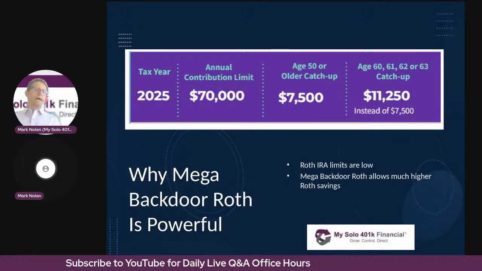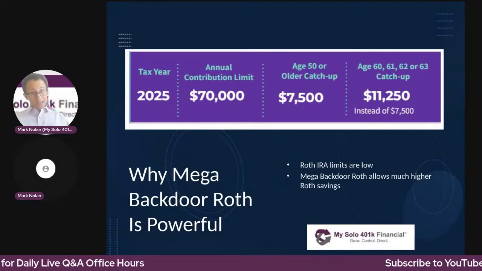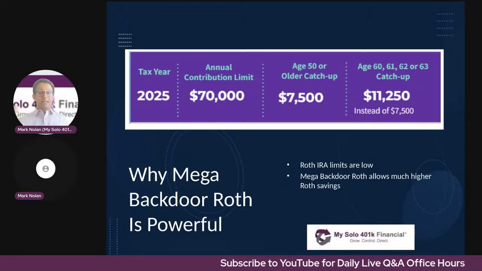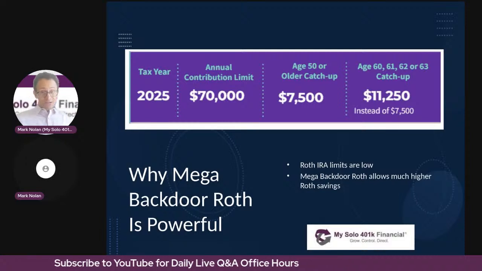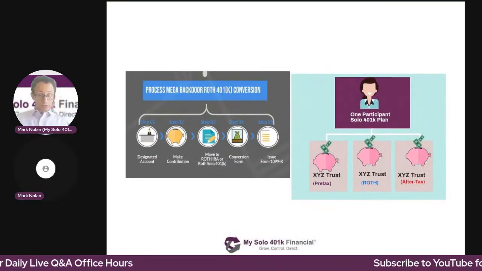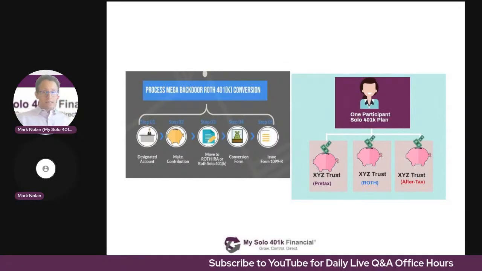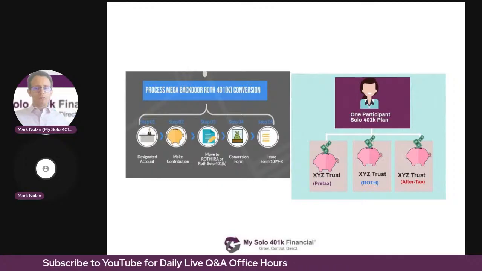So again, the Mega Backdoor Roth is very powerful because for tax year 2025, you can still open a solo 401k plan here in 2026 and make that overall contribution limit of $70,000. So you can treat this entire $70,000 as a voluntary after-tax contribution and then turn around and convert it to the Roth solo 401k. Now you end up with $70,000 in Roth solo 401k funds.